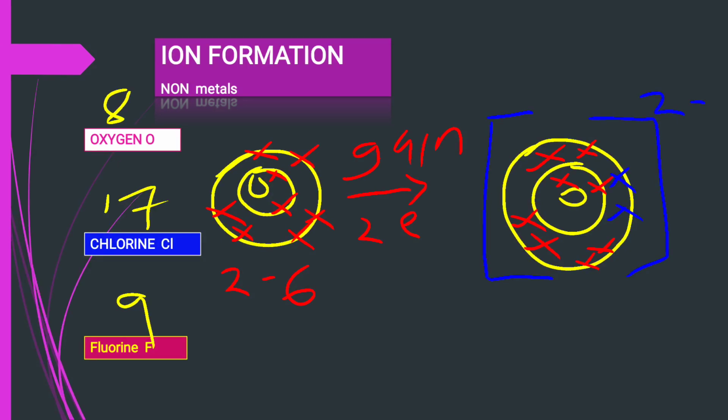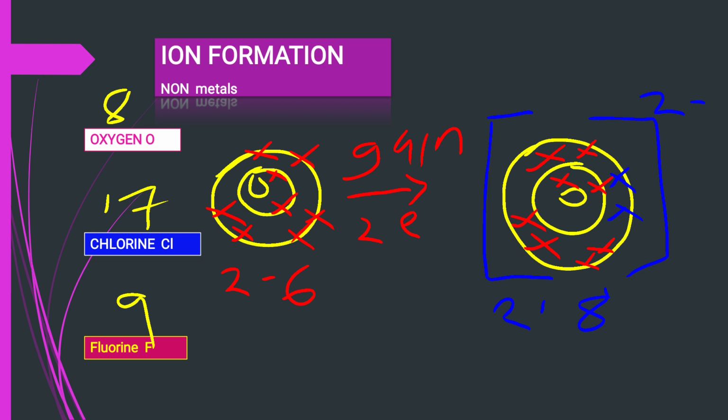The electron configuration of the oxygen ion will now be 2, 8. You know that we have these brackets to show that it is now an ion having gained 2 electrons to attain an octet state.